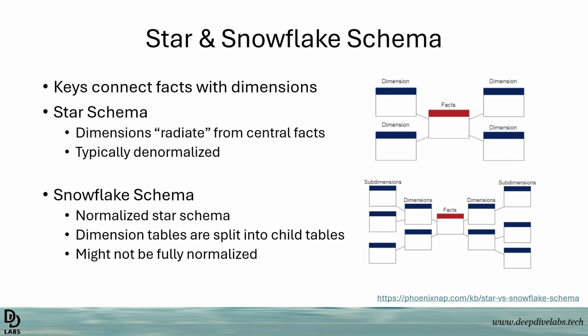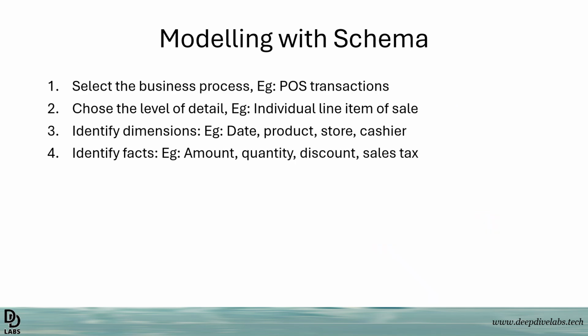If you remember the store information, you had the store ID, some of the attributes of the store, but there was also location information. So that could be a sub-dimension, right? So dimension tables can be split into child tables. Typically it's normalized, but a snowflake schema can also be not fully normalized. So now let's look at what the steps of modeling with the schema are, right?